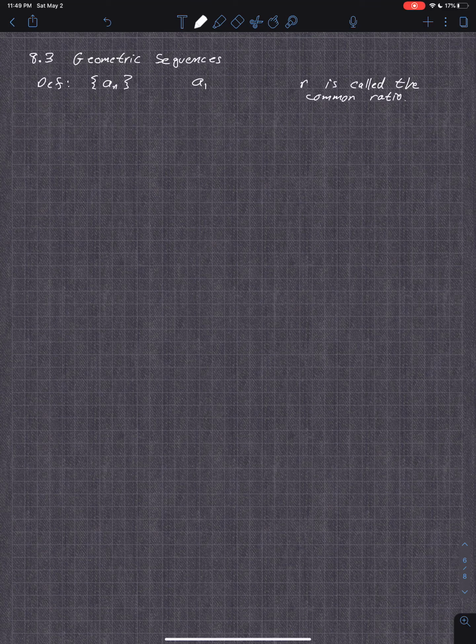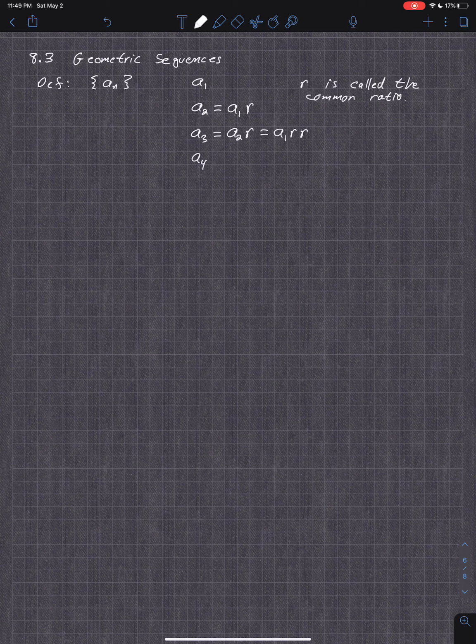To get to a2, it is a1 times r, and I write it in that order because it just looks nicer later. And then to get to a3, the next term, it's the previous term times r, so it's a2 times r. But what is a2? It's a1r times r.